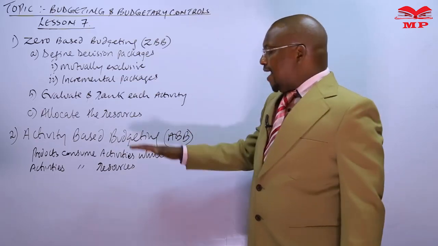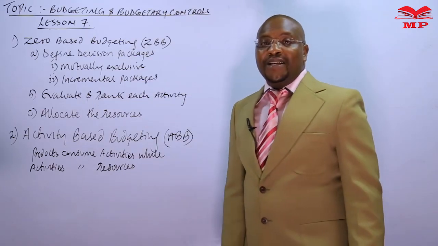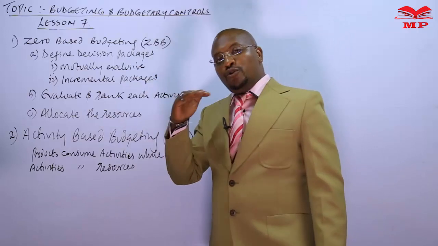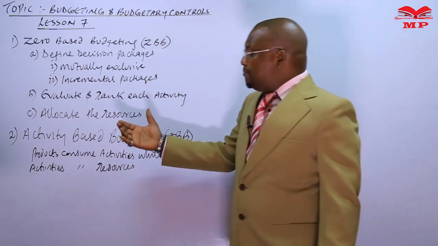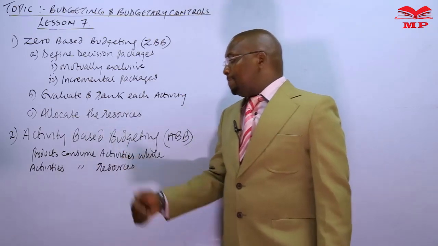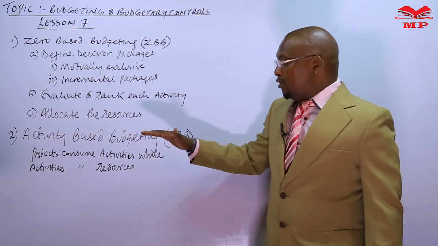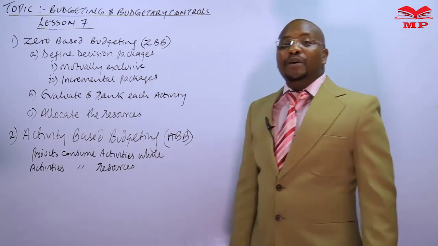If we understand them, automatically we're able to understand and be able to have the ZBB, because ZBB requires us to understand all those and evaluate all those activities. So ABB is a good basis and foundation of ZBB, because you are able to analyze those activities which are required in ZBB.